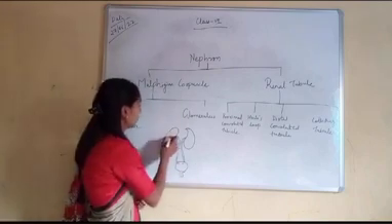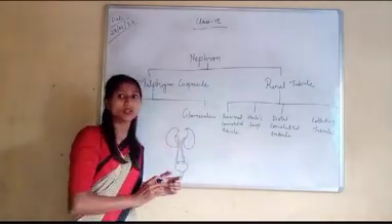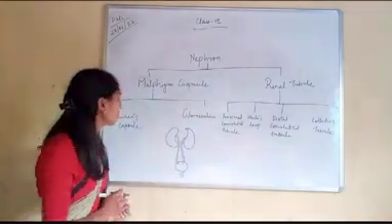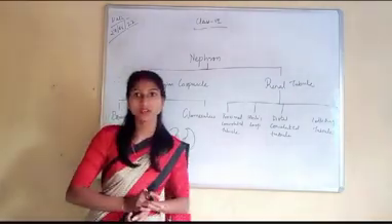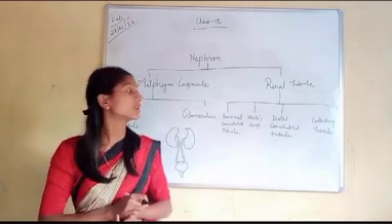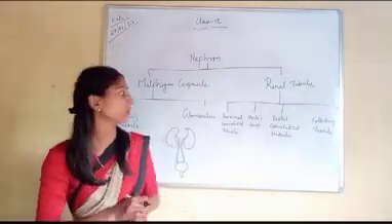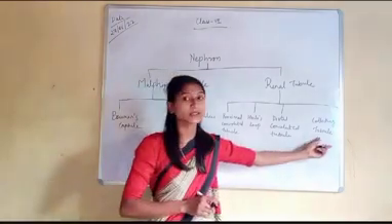So this nephron is present in the kidneys. There are millions of nephrons. After the reabsorption of useful substances in the tubules, the waste products which have to be removed from the body get collected in the collecting tubule.